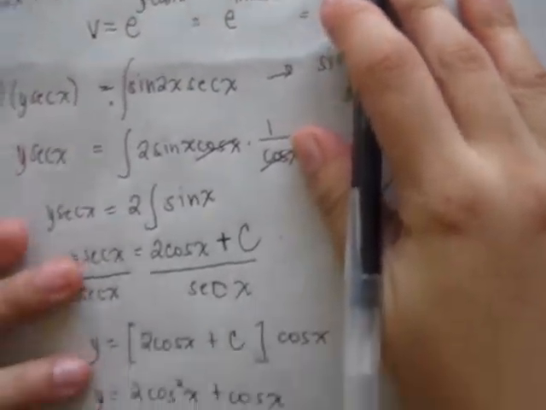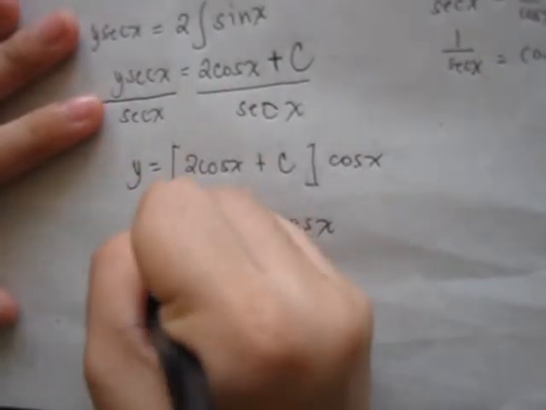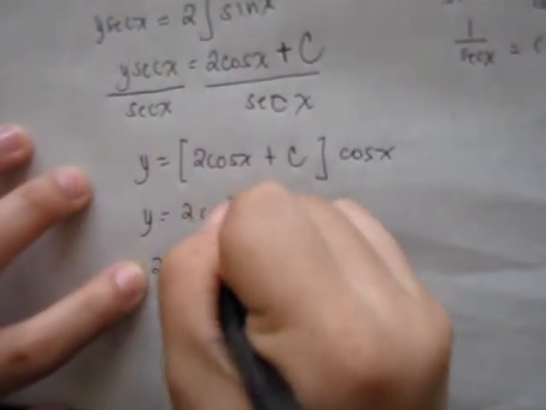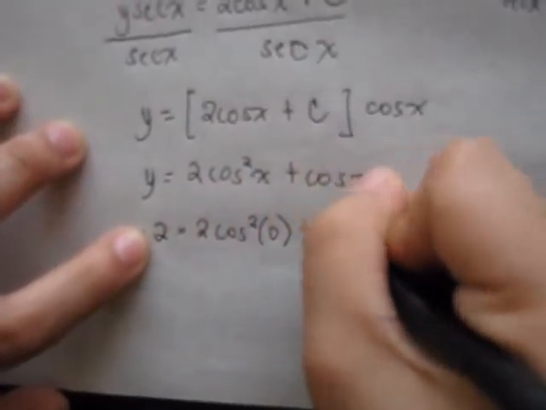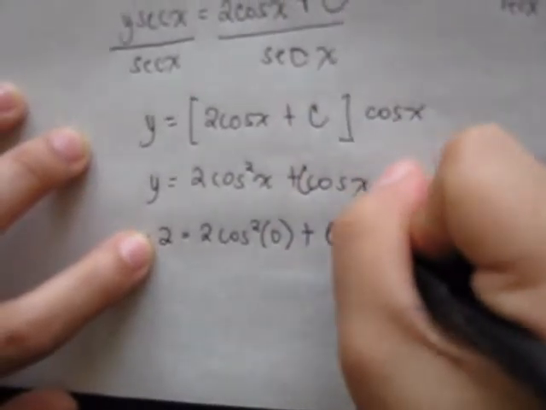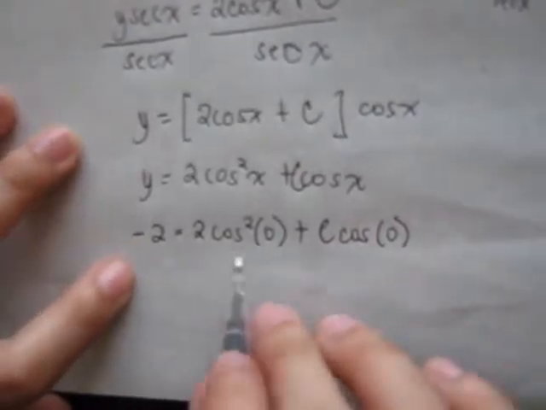But we are asked to get the particular solution if y sub 0 is equal to negative 2. So negative 2 is equal to 2 cosine squared 0 plus c cosine 0. But cosine 0 is just 1.